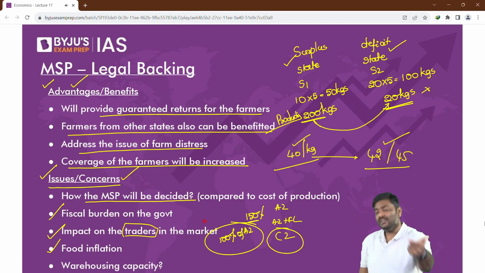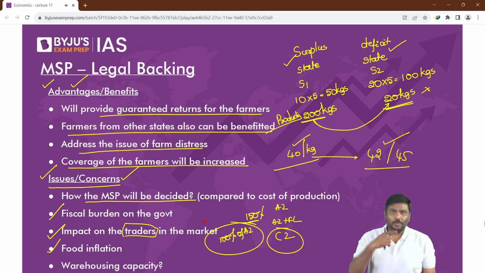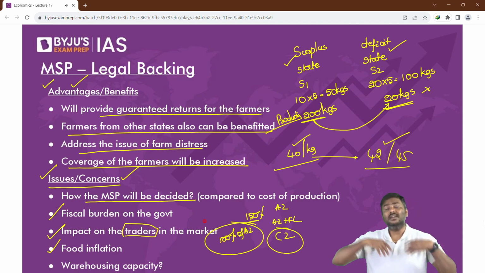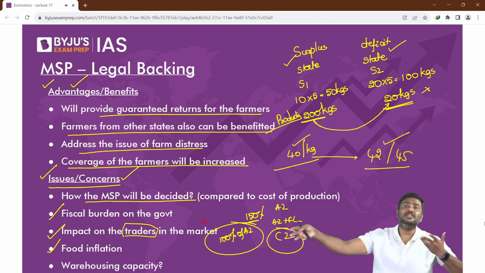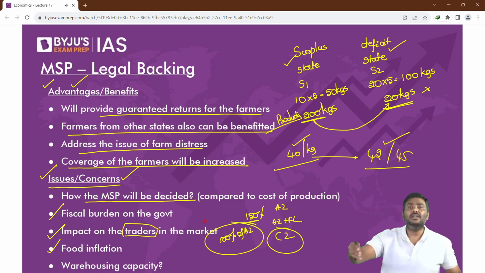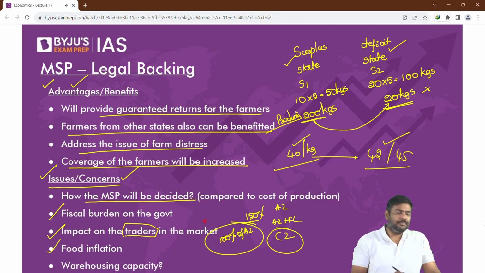Okay, I'll bring MSP law and I'll give you legal guarantee, but I will give you 100% of A2. So I hope you understand how the MSP will be decided. On what basis the government might announce MSP once it is legalized will also have an impact on the earnings.